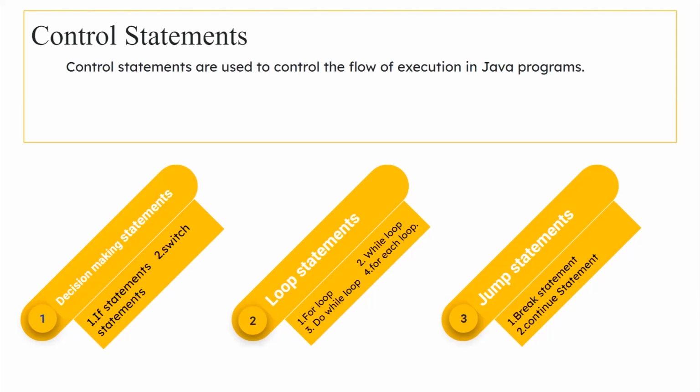Iterating is a repeating process which happens again and again. Then there are for loop, while loop, do while loop, and for each loop. The advanced for loop is called the for each loop, also known as the enhanced for loop.